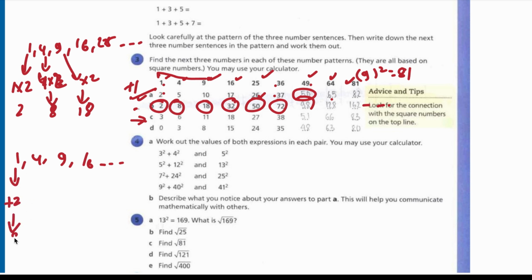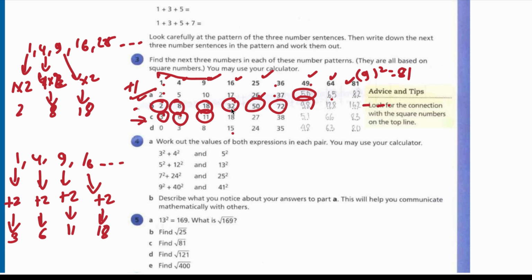So 1 plus 2 is 3. 4 plus 2 is 6. 9 plus 2 is 11. 16 plus 2 is 18. 25 plus 2, 27. 36 plus 2, 38. 49 plus 2, 51 and so on.